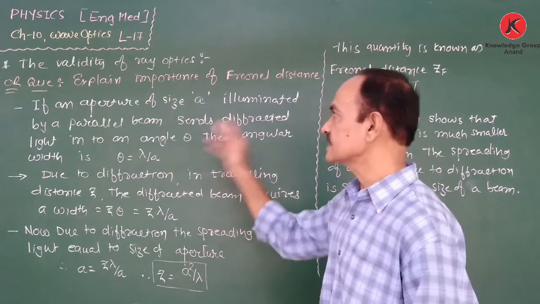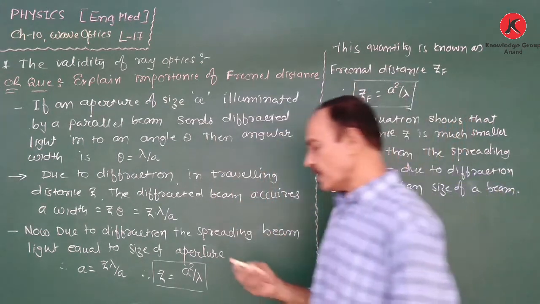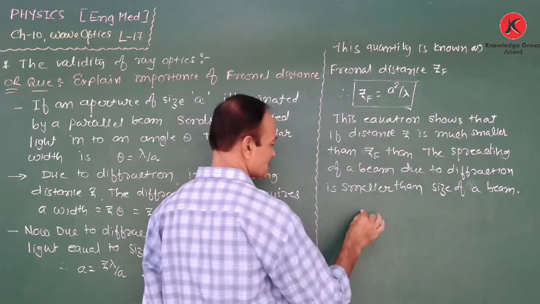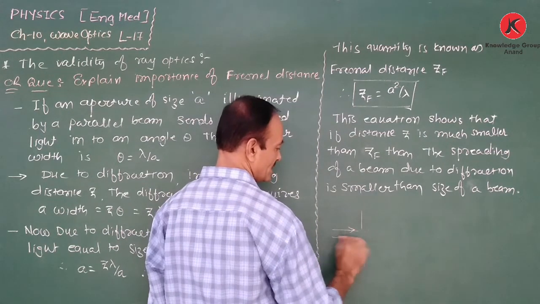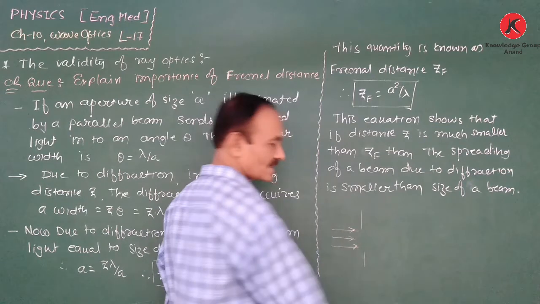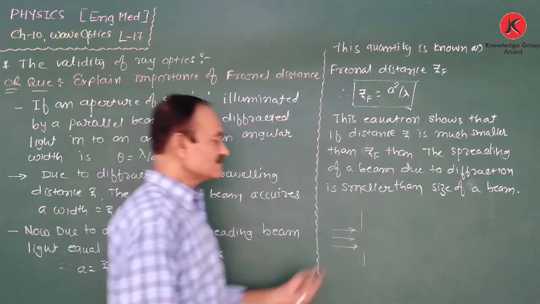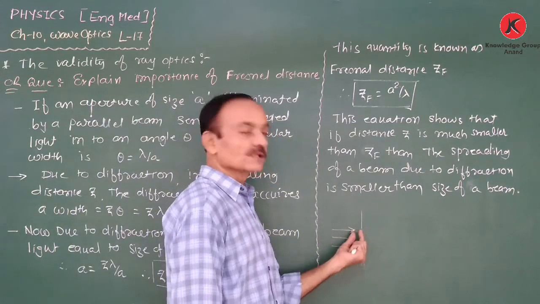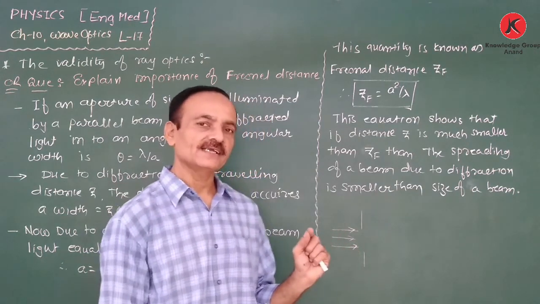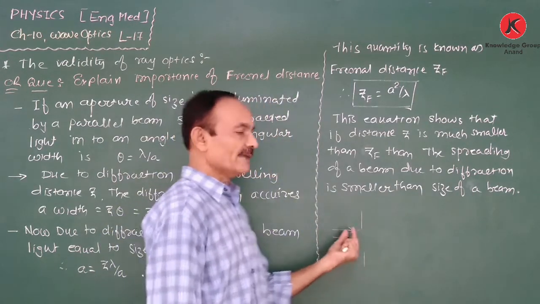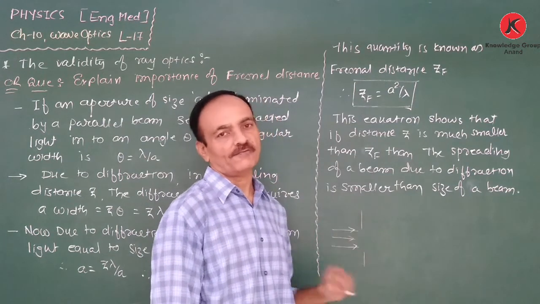Now, in the phenomenon of diffraction, there is a slit, and the slit is illuminated by light. Each particle of the wavefront at the slit behaves as a secondary source and produces secondary spherical waves.